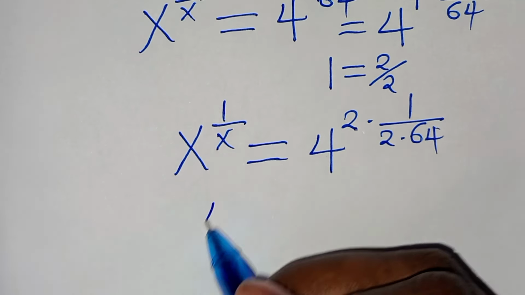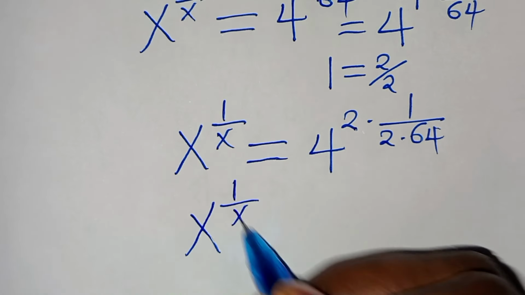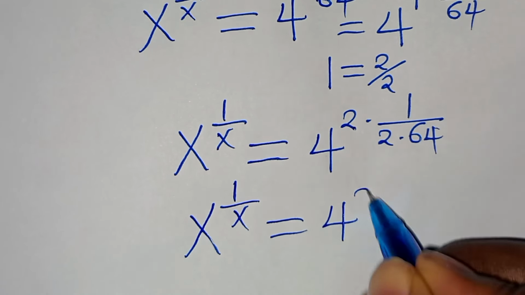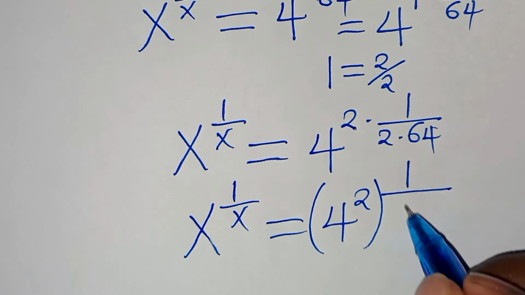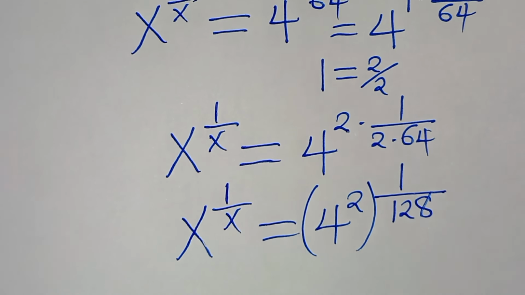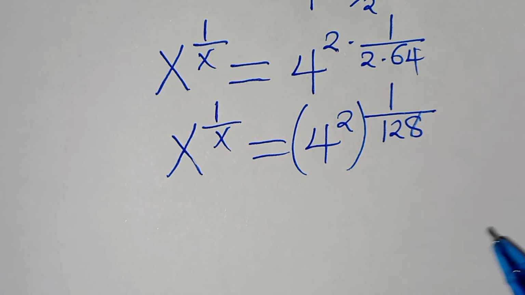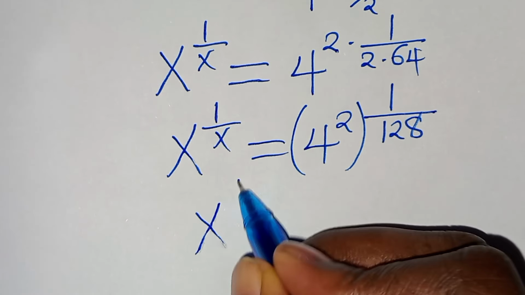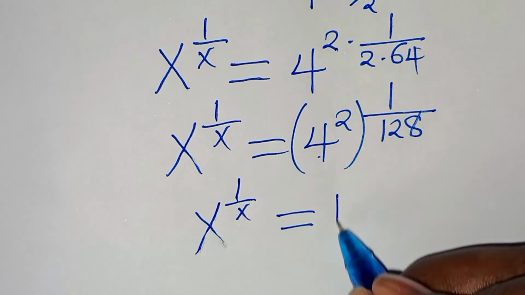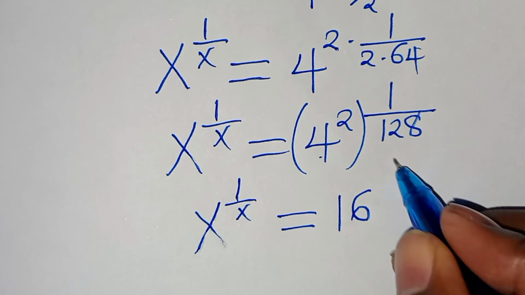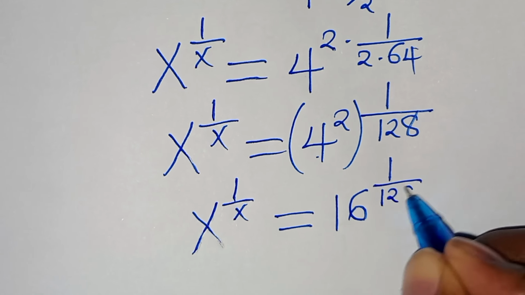So this is the same thing as x to the power of 1 over x equal to 4 squared raised to the power of 1 over 64 times 2, which is 128. So this implies that x to the power of 1 over x is equal to 4 squared, which is 16, raised to the power of 1 over 128.